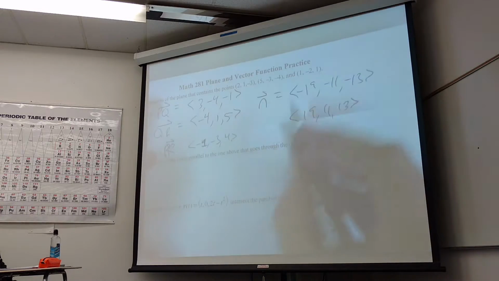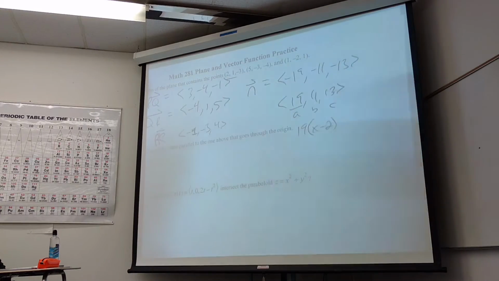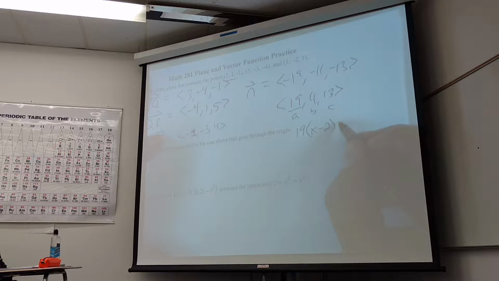So then, how do I set up this equation? Now I've got what are these? 19, 11, 13 are A, B, C. So now my equation would be 19. It doesn't matter which point you use: 19(x minus 2) plus 11(y minus 1) plus 13(z plus 3).